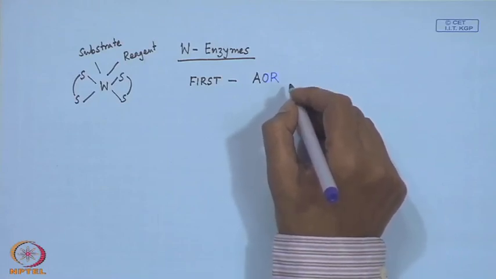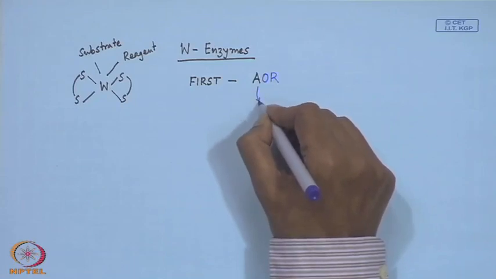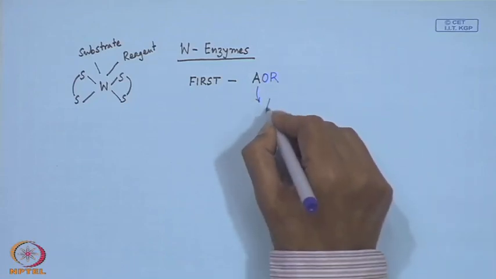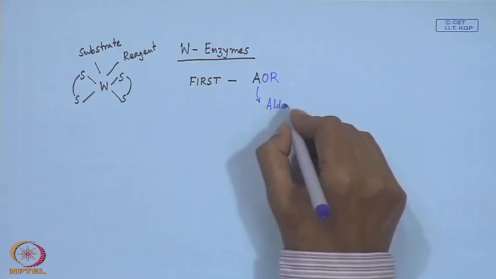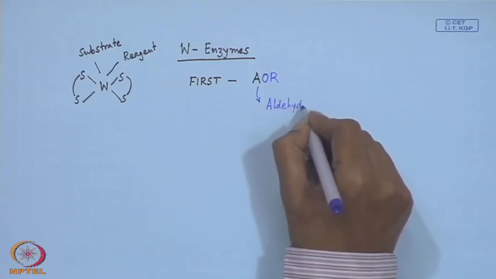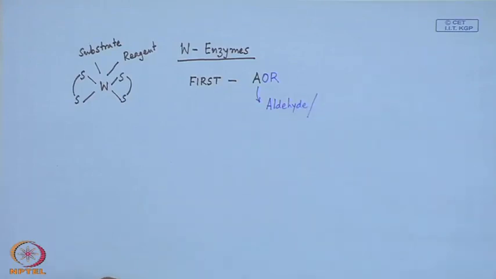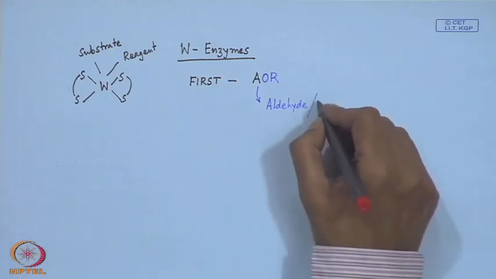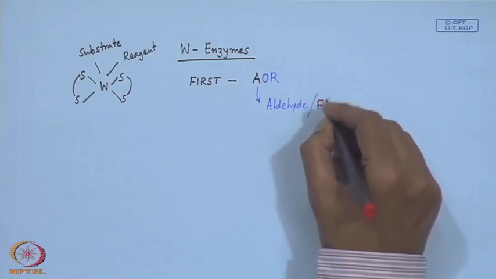That family is basically used for handling the oxidation of aldehydes, and in some special cases the tungsten center can also be utilized for handling the corresponding oxidation of formaldehyde.